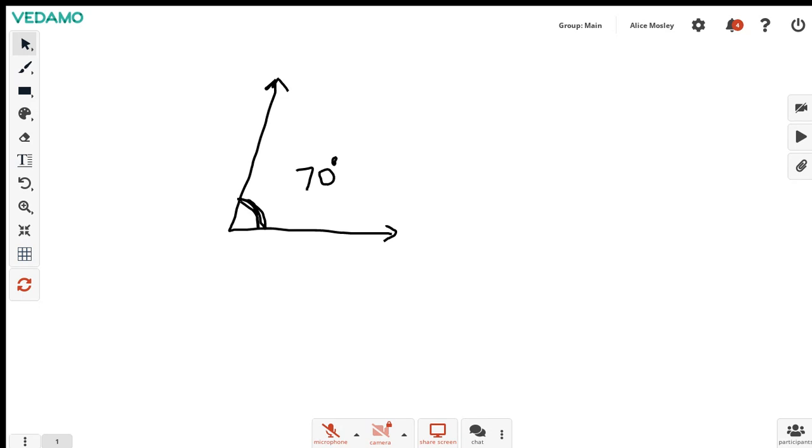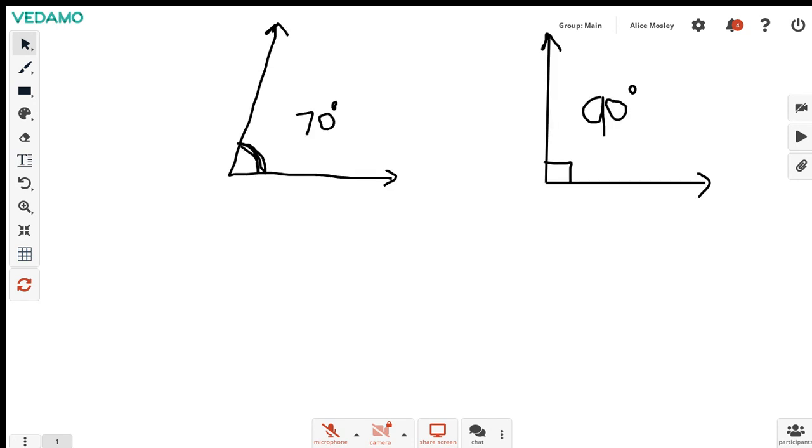And some of the angles we already know. We know when your notebook makes a perfect L, we make the angle like a square, and say that this is 90 degrees. Whenever it makes a perfect L, we say it's 90 degrees.